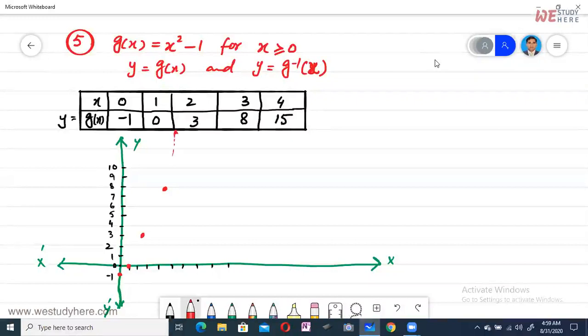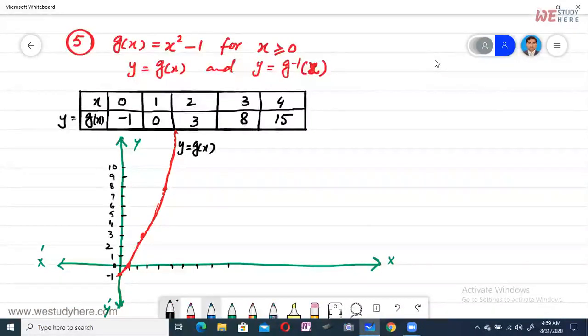Then the graph will be of this shape. Now, this is the graph of y is equal to g of x.